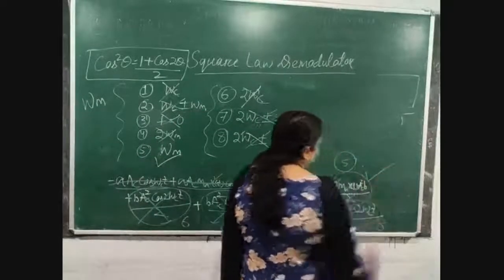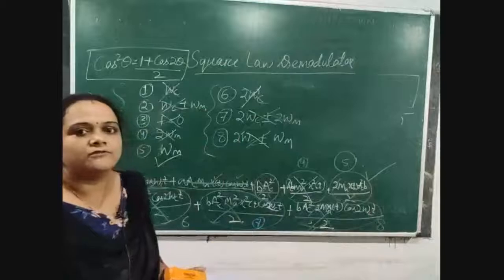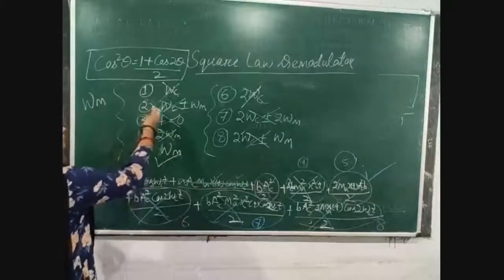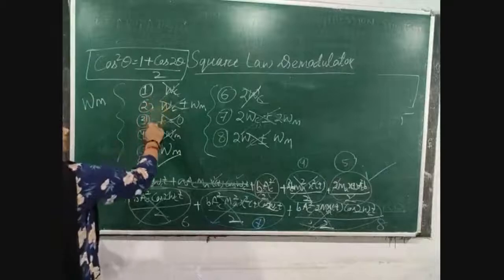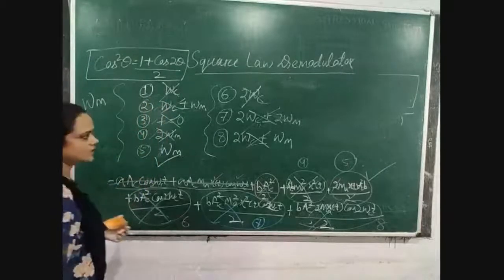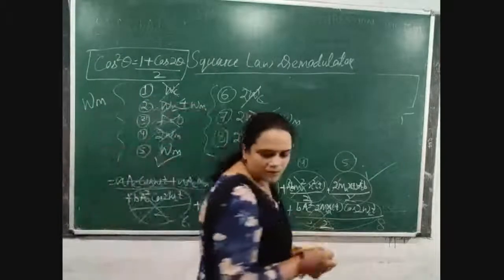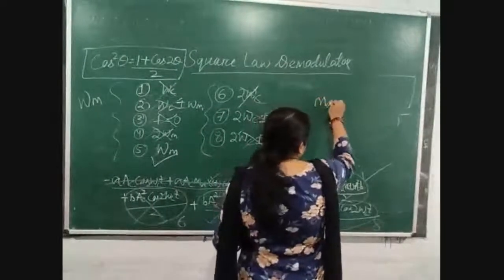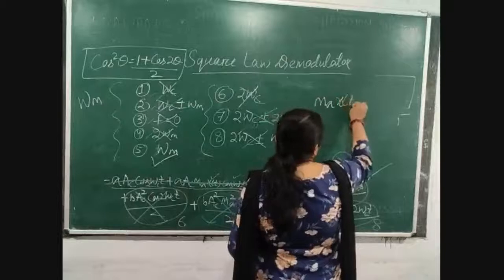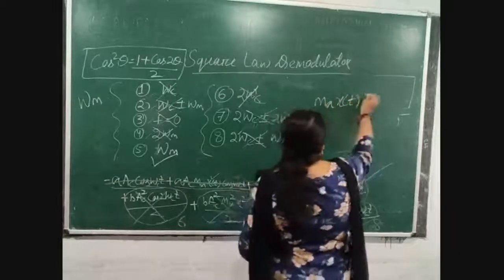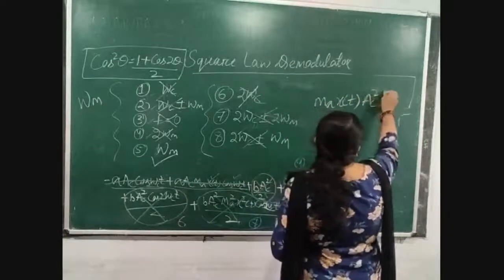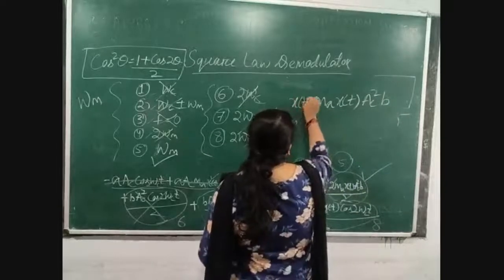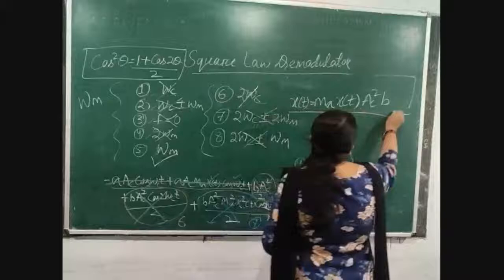So this one is the output of the low pass filter. This is the work of the low pass filter, to filter out the undesired frequencies. Okay, so at the output of the low pass filter we get ma x of t ac square b. So x of t equal to this.